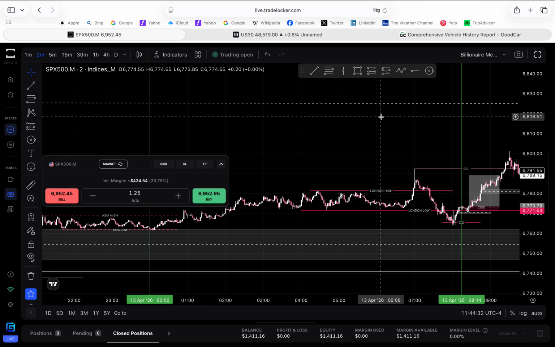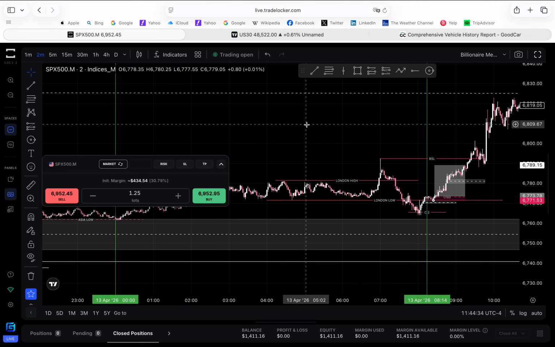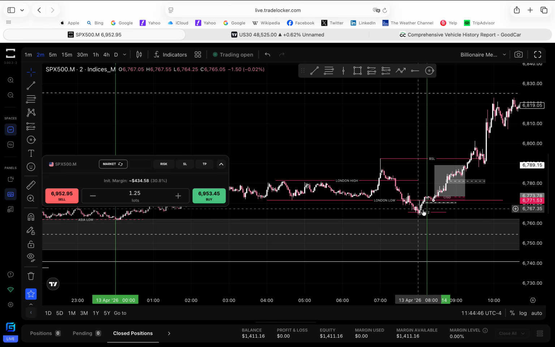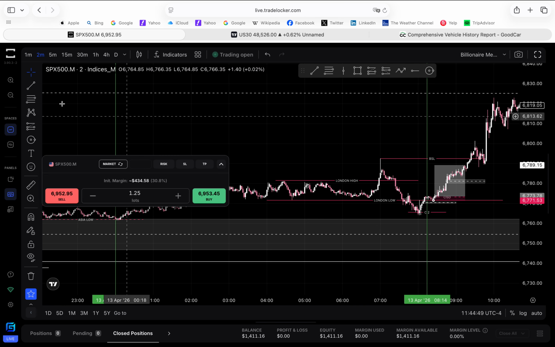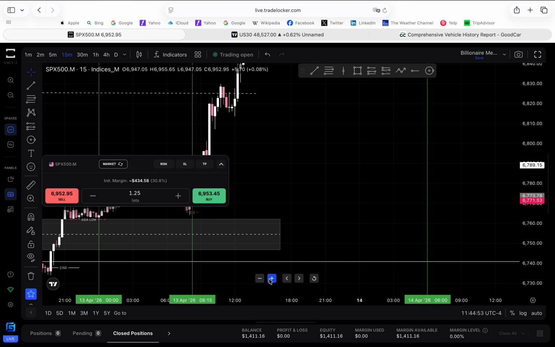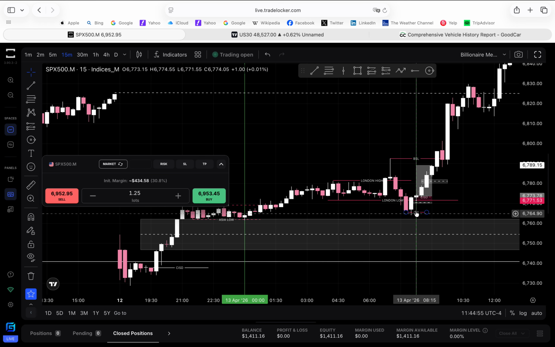Okay, so boom. If y'all need me to go over it again and make it simple: if I'm looking for buys, if my bias is bullish, I'm simply looking for price to take out London's low around the New York session. And I'm looking for a C2 sweep on the 15-minute chart. Right there.